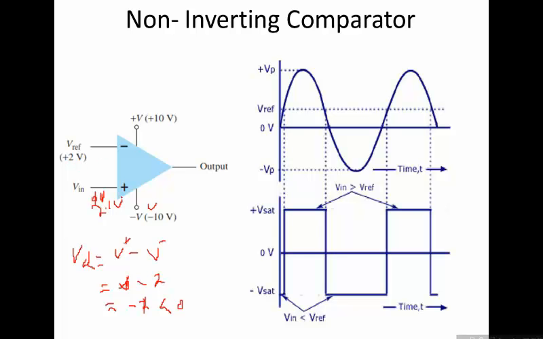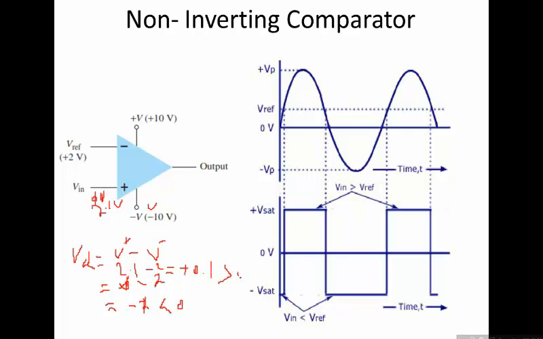Then what would VD be equal to? VD equals 2.1 minus 2. What would be the answer? The result would be plus 0.1. Plus 0.1 is VD, which is greater than 0.